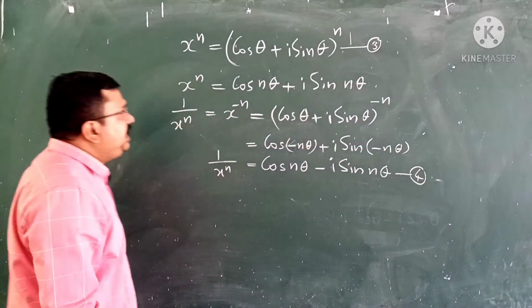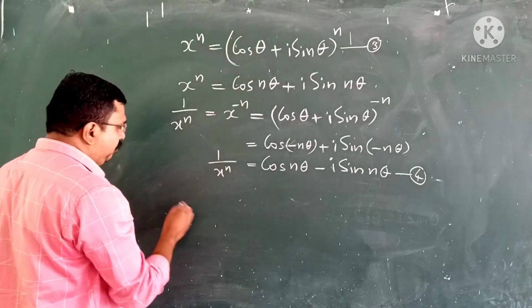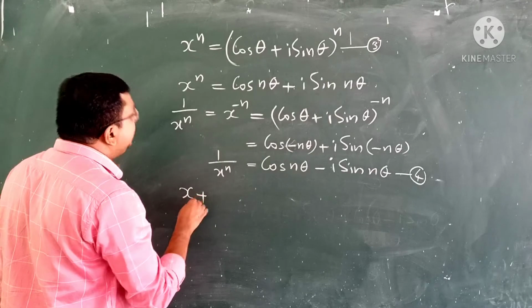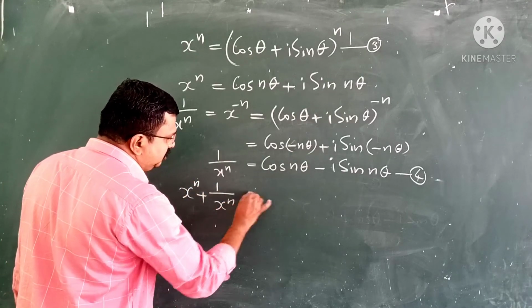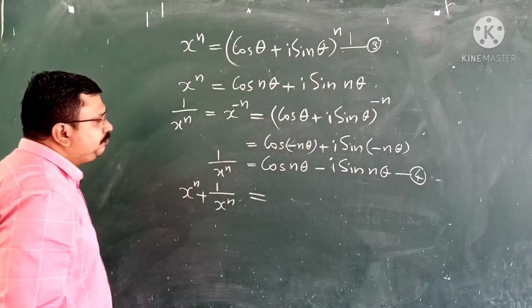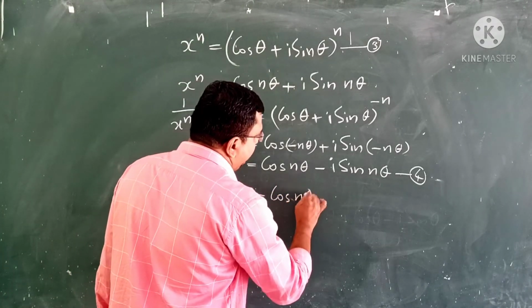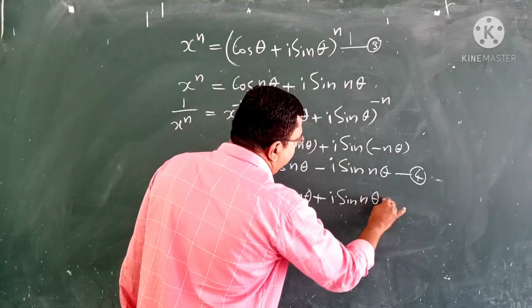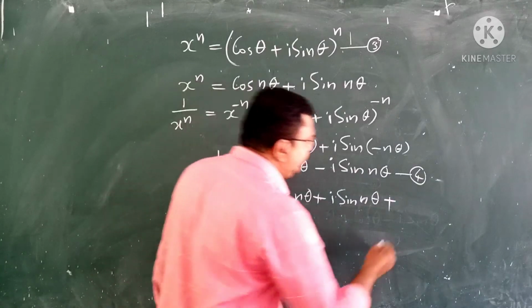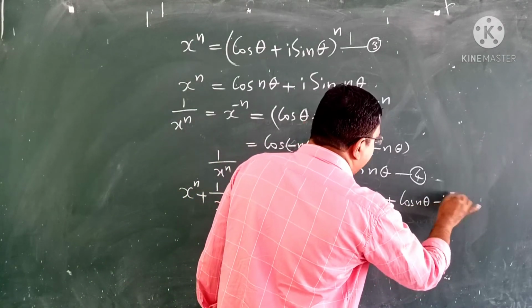Adding equations 3 and 4, we get x raised to n plus 1 by x raised to n equals cos n theta plus i sin n theta plus cos n theta minus i sin n theta.